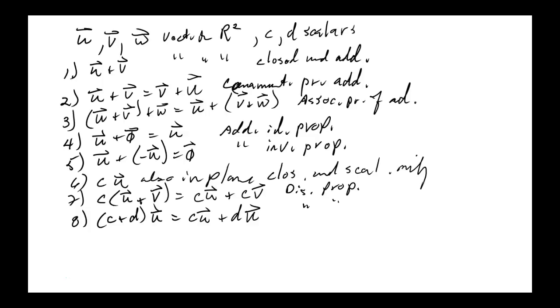So it's sort of the reverse. Number 7 is scalar multiplication over vector addition, and 8 is scalar multiplication over scalar addition.